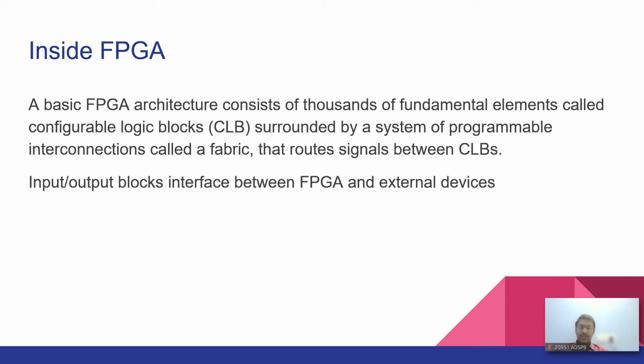We can consider it as one of them, because the data from the hard drive or from the RAM is sent to the VRAM, which is video RAM for GPUs, and then from that VRAM the data is sent to the GPU, and the processed information is sent back to the motherboard, and it goes to the CPU, or it may directly output on the output device. So this is how input-output blocks interface between FPGAs and external devices in the case of FPGAs.